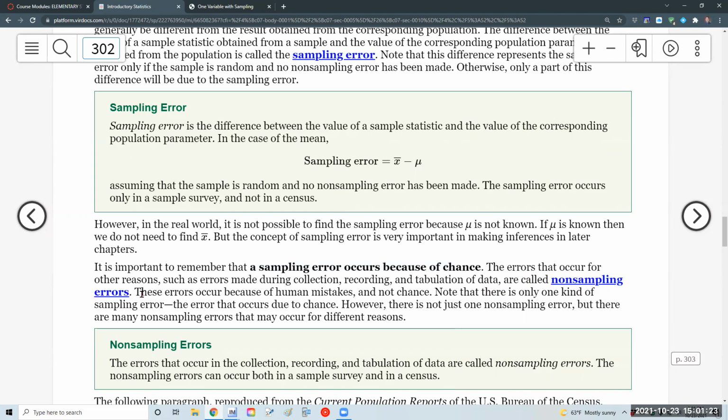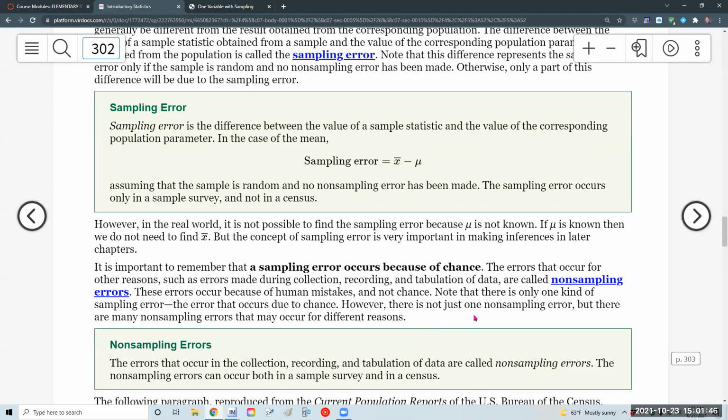Errors that occur for other reasons, such as errors made during collection, recording, and tabulation of data, are called non-sampling errors. These errors occur because of human mistakes and not chance. Note that there is only one kind of sampling error, the error that occurs due to chance or sampling variability.